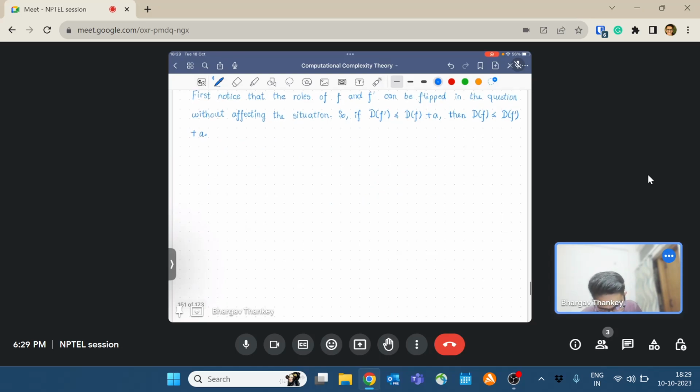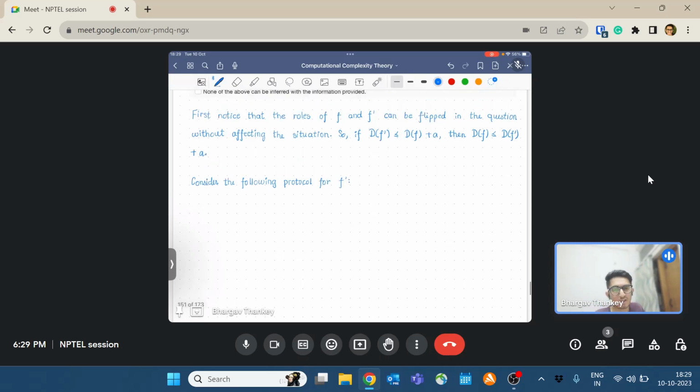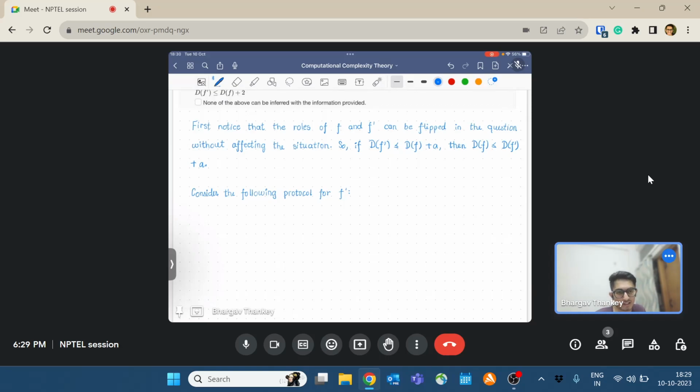So consider the following protocol. If you want to relate the communication complexities of f and f prime, one way to go about it is to construct a protocol for f prime using the protocol for f. That is exactly what we'll do.